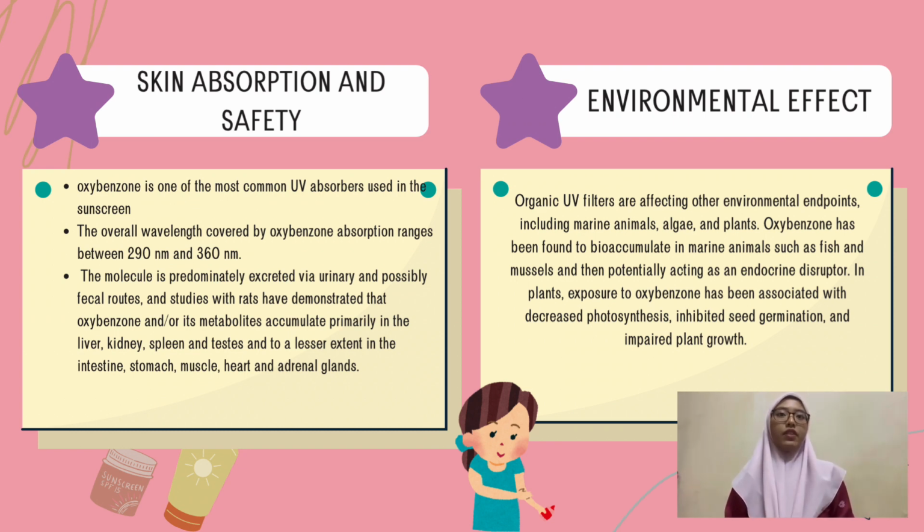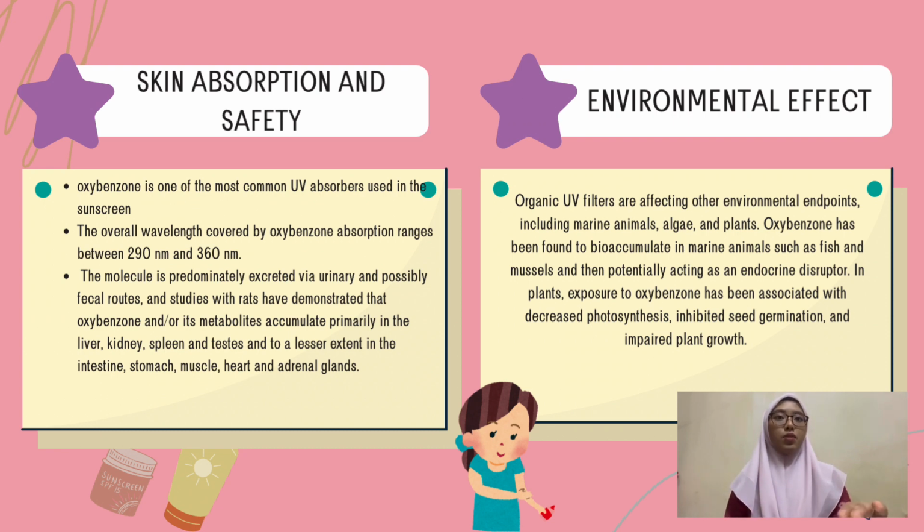Next, organic UV filters are emerging contaminants with increasing evidence of their negative impact on environmental health and water quality. One of the most common and environmentally relevant organic UV filters is oxybenzone. While much of the initial focus has been on investigating the interaction of oxybenzone with coral reefs, several recent studies indicate that organic UV filters are affecting other environmental endpoints, including marine animals, algae, and plants.